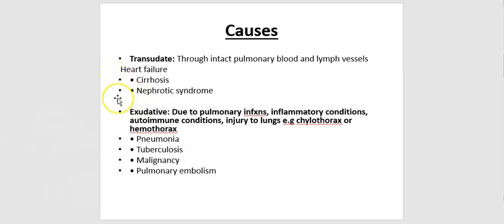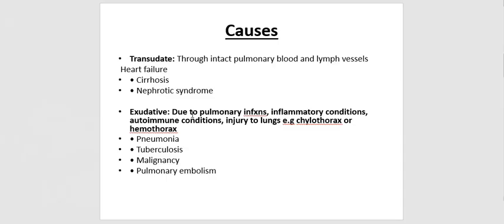Now, exudative pleural effusion is due to pulmonary infections, inflammatory conditions, autoimmune conditions, or sometimes trauma to the lungs. The hint that you always need to have about exudative pleural effusion is that this occurs when there's compromise to the pulmonary vessels.